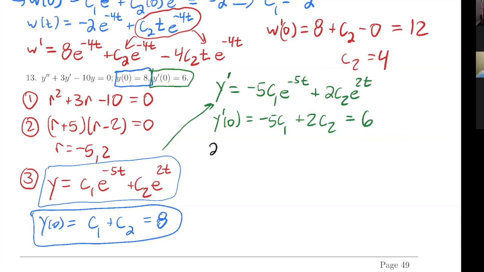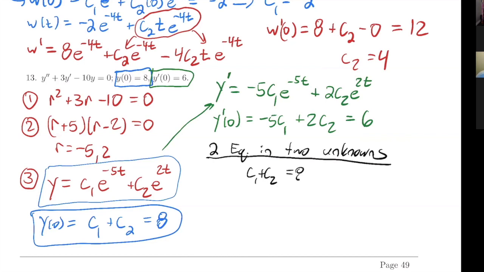And so what we have left is 2 equations and 2 unknowns. Namely c1 plus c2, that should give me 8. And from the derivative, we know that minus 5c1 plus 2c2 should give us 6.